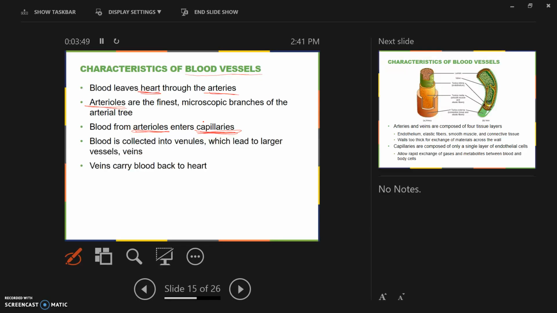And then that blood drains back into venules, which lead to larger veins, and then the veins take the blood back to the heart. So that is the pathway of blood from the heart back to the heart: arteries, arterioles, capillaries, venules, veins.